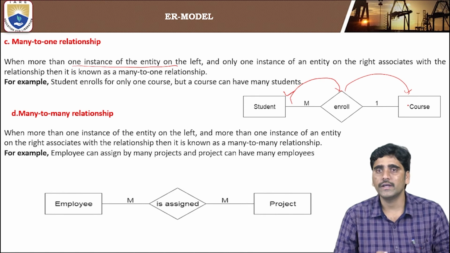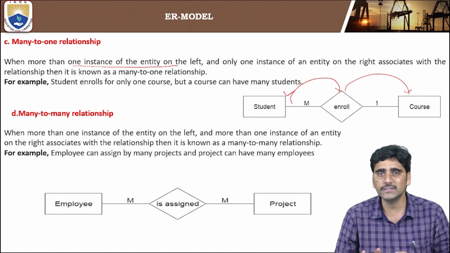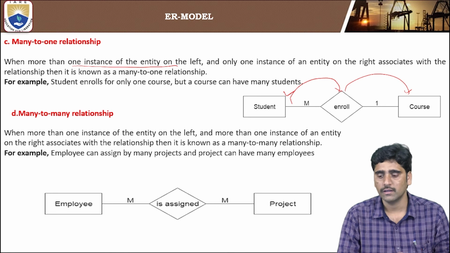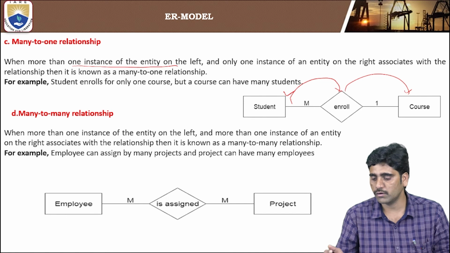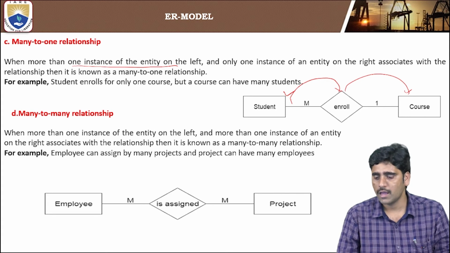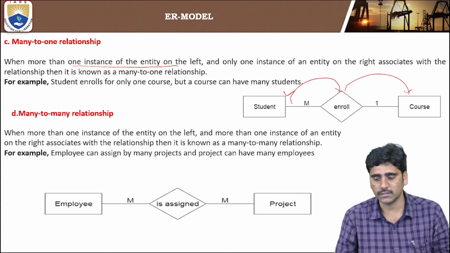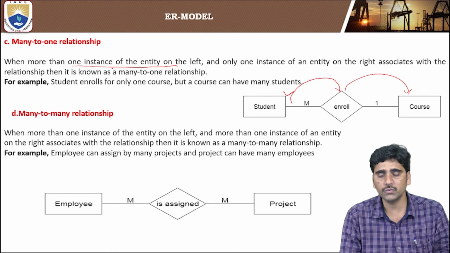That means the number of instances from the left side can have only one instance on the right side. The number of students on the left side are going to take only one course on the right side. So students can have multiple instances on the left side, with only one instance on the right side. Then it is said to be a many to one relationship.